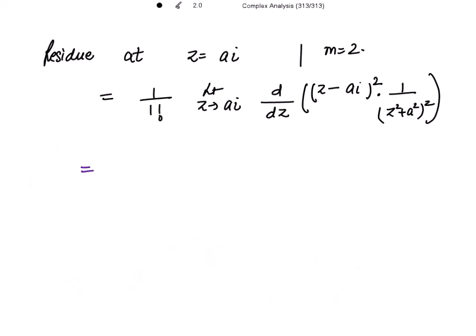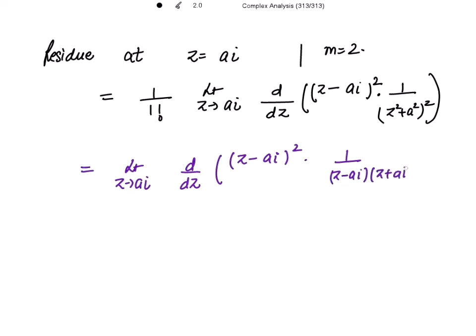Very fine. So this is equal to limit z tending to a iota d by dz of (z minus a iota) whole square into, I can write z square plus a square as (z minus a iota) into (z plus a iota), taking the square, right?